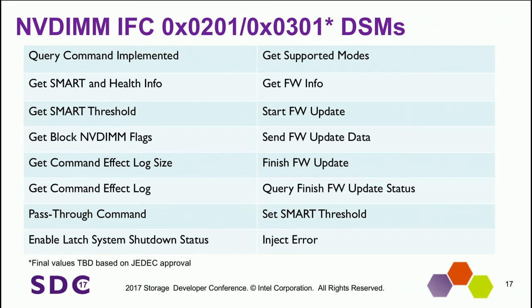So you can see here we have DSMs for monitoring the DIMMs, get smart health, get smart thresholds, set smart thresholds. We have DSMs for communicating with the DIMM, so send a pass-through command, determine how that command affects me using the get command effect log. And we have DSMs for maintaining the DIMM, like firmware update, and then test inject error.